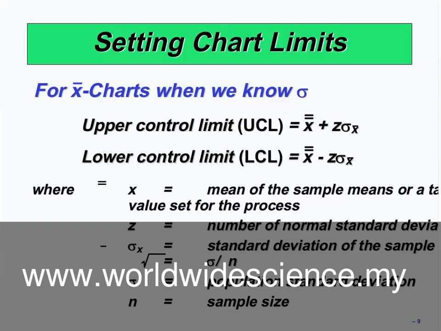T-shirt number 1, the size of the sleeve is, for example, 10 centimeters. T-shirt number 2 is, for example, 11. T-shirt number 3, 4, until 20, because 20 have been selected. The operation manager writes down the 20 numbers as a sample mean.